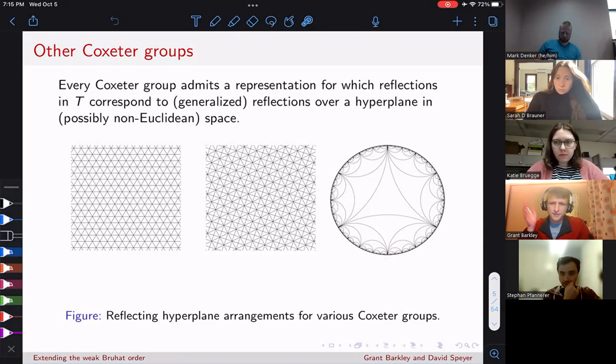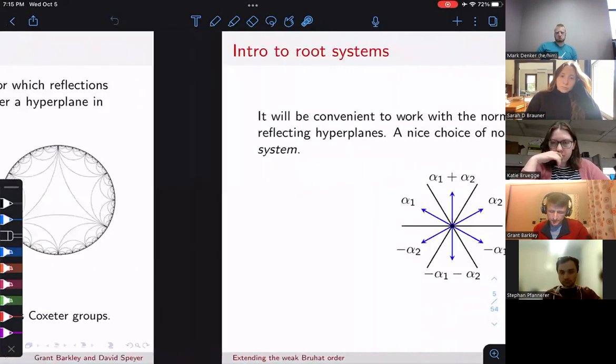So there's a lot of interesting and complicated geometry that can happen. I'm going to focus on things that look like this. These are called affine Coxeter groups because they correspond to affine reflections, by which I mean reflections over lines in affine space. Okay.